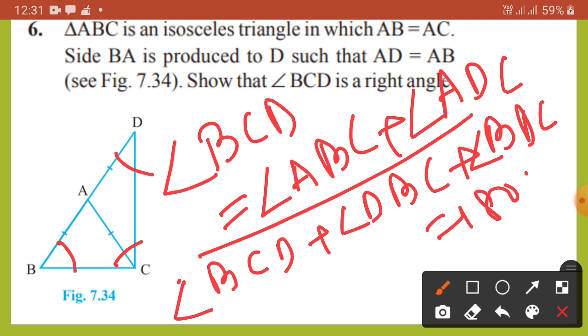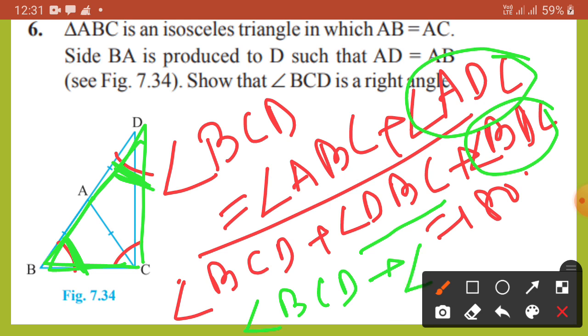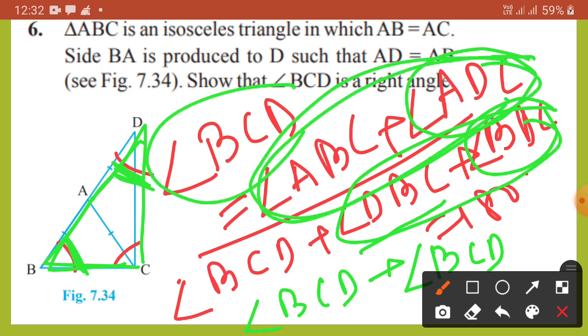Okay, now angle DBC, this angle, means ABC we can write, and also for angle BDC, this angle, we can write ADC. So angle BCD plus angle BCD, because this is equal to this and this is equal to angle BCD, so ultimately angle BCD plus BCD equal to 180 degree.